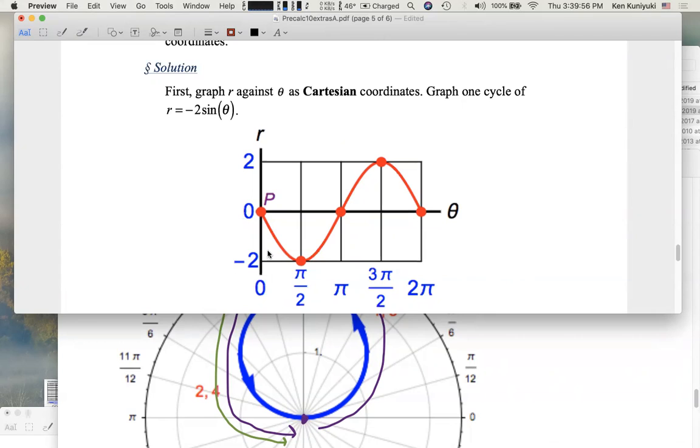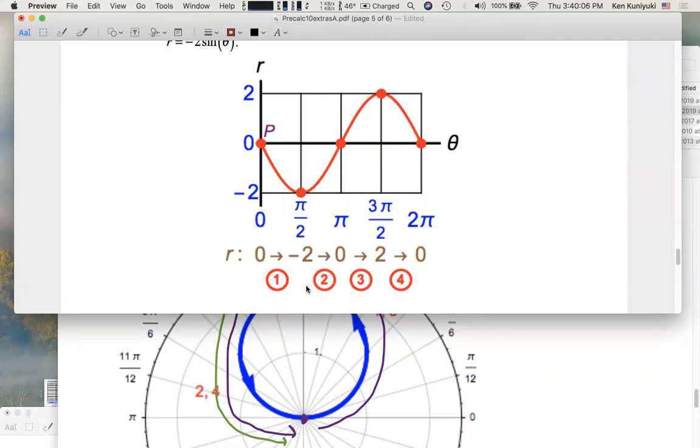Well, when theta is in quadrants 1 and 2, r is negative in here, right? So we don't graph in quadrants 1 and 2. We graph in the opposing quadrants. The opposing quadrant for 1 is quadrant 3. And the opposing quadrant for 2 is quadrant 4.